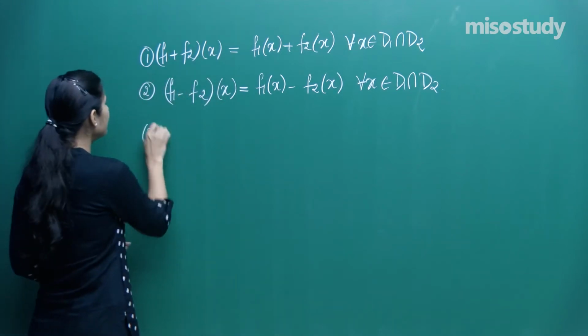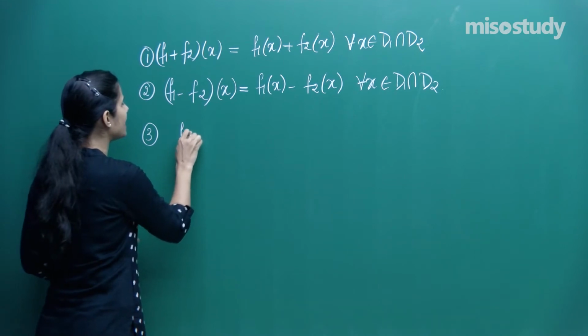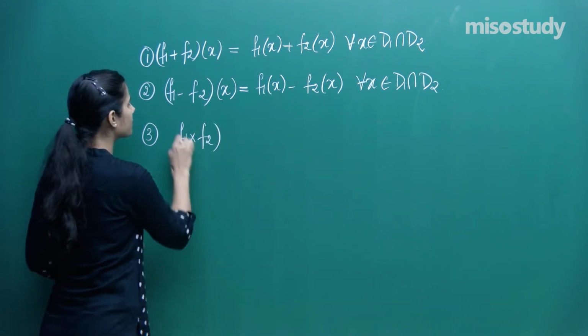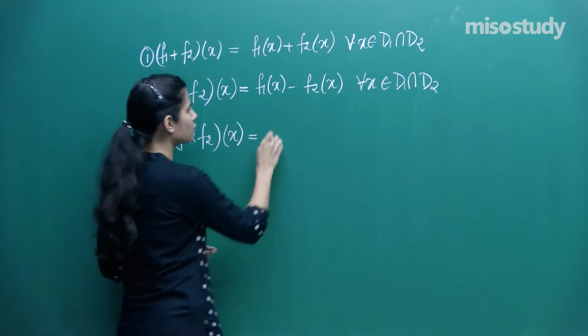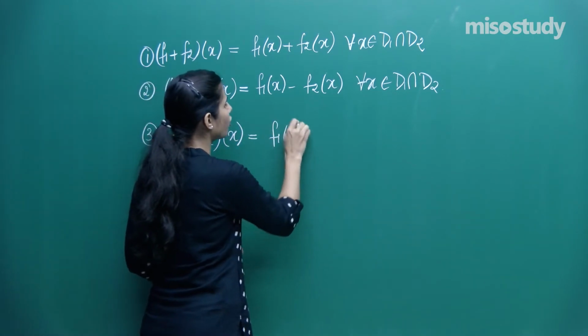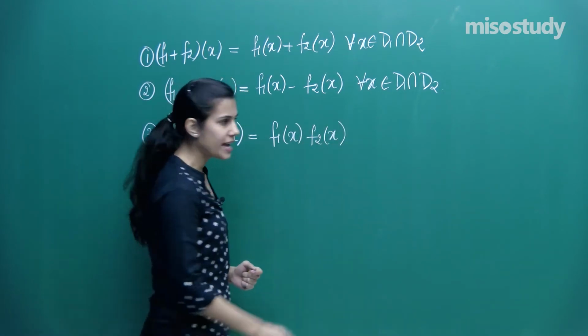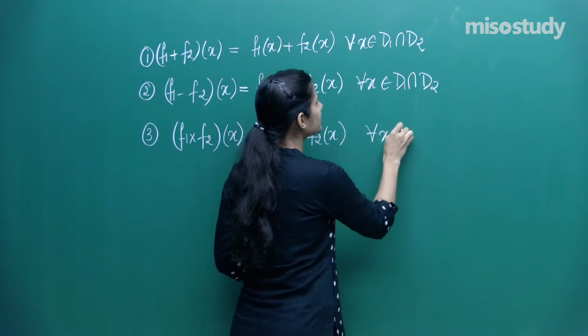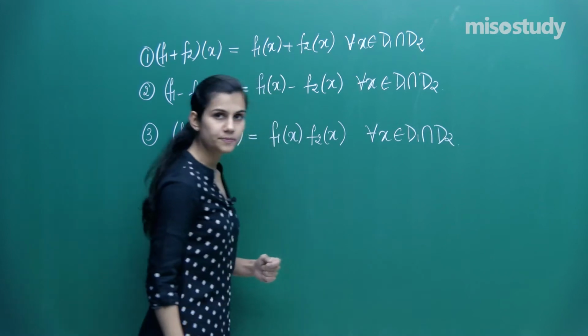The third operation dealt with the product or the point-wise product, as the name suggests. f1 into f2 of x was just the point-wise product, f1 of x into f2 of x, again for every x belonging to d1 intersection d2.